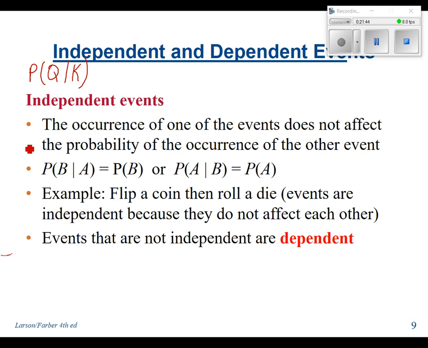So when you're looking at this second thing here, it says the probability that we get B, given that A has already occurred, is the same as just the probability of getting B. So if we want the probability that we get a queen, given that you drew a king, but we did what with that king?